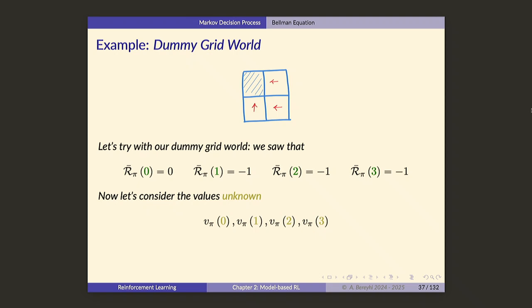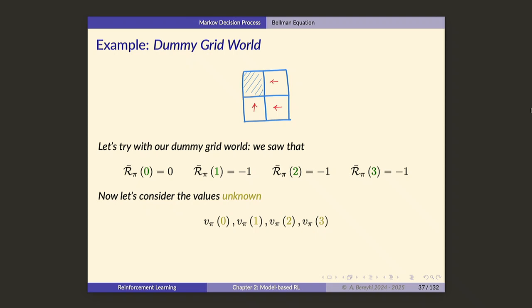It's -1, right? Because when I am at this particular state 1, I'm going to move one step left, and each time that I move one step, I'm going to get reward -1. So the immediate reward given this policy is going to be -1. What about these other two states? What is the immediate reward in them? It's again -1.